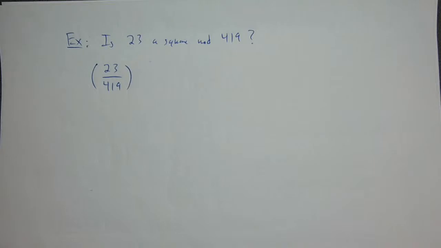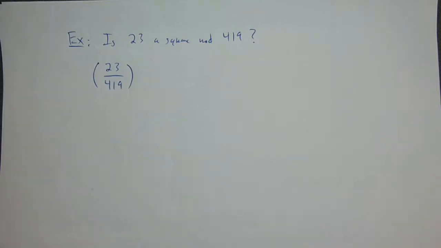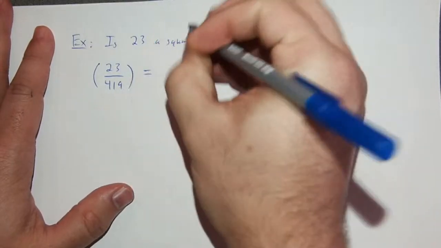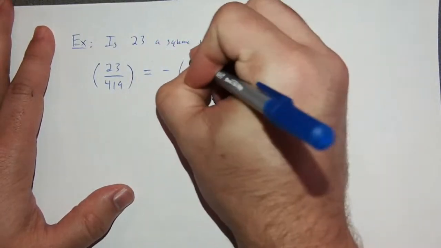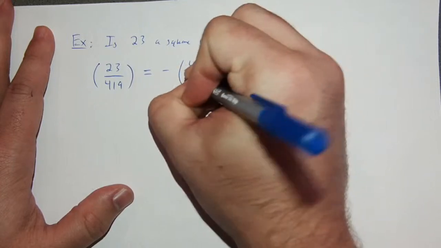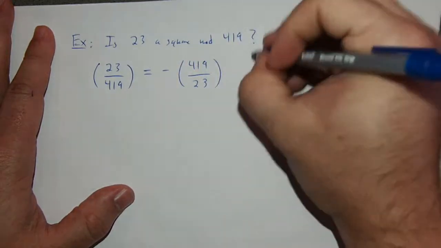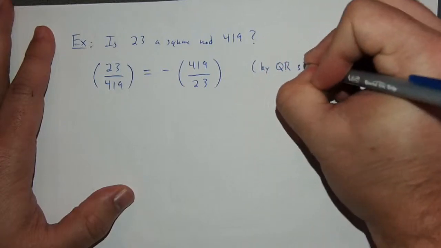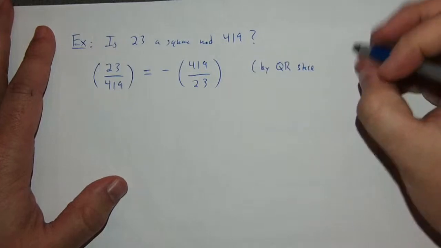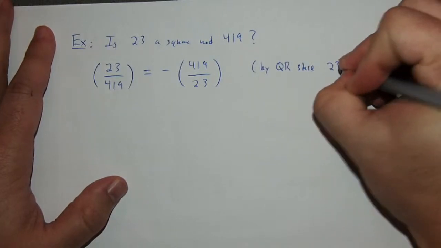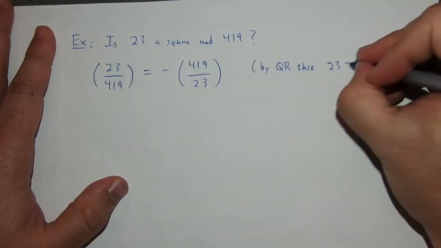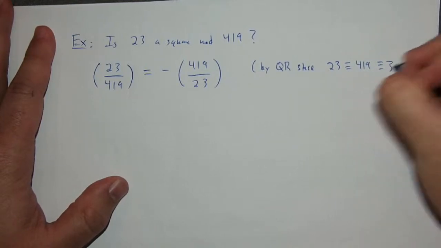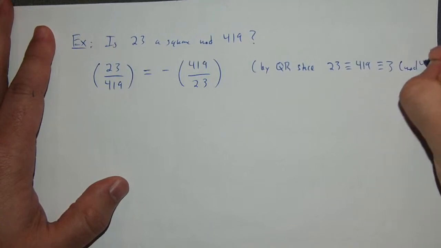Well, what can I say? Using quadratic reciprocity, I can say that this is equal to minus 419 on 23, since 23 and 419 are both congruent to 3 mod 4.